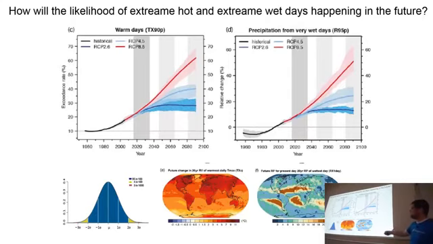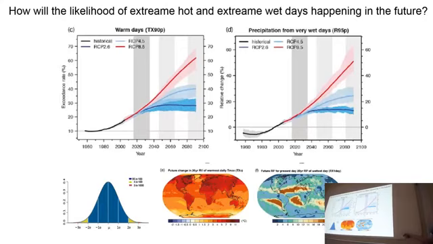So what these maps show are these percentages at a particular point in time at every point around the globe. So you can see here we've got the future temperature change. Actually, we can just do this one here, the precipitation.